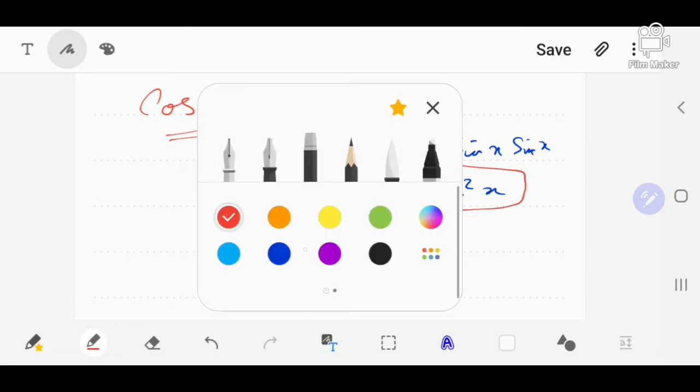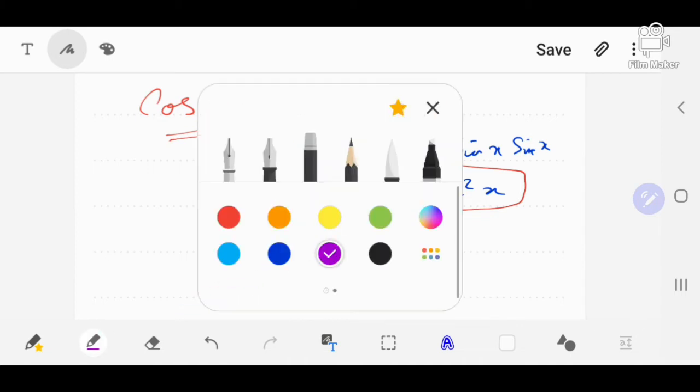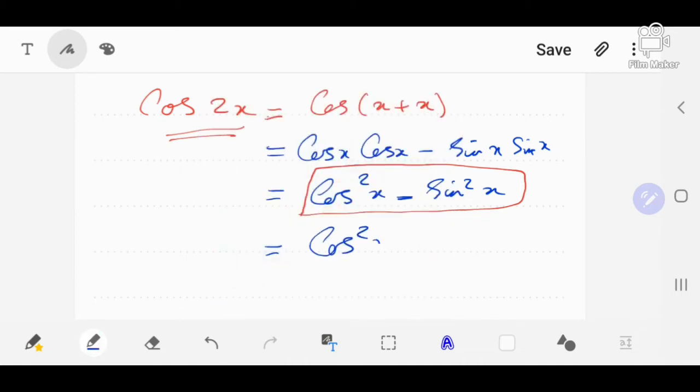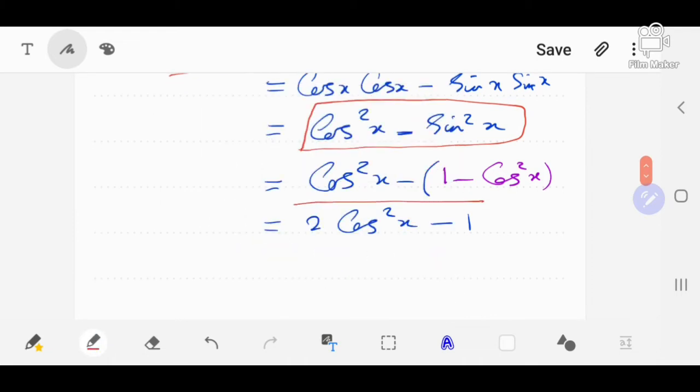And using Pythagorean identities, we know that sine squared can be written as 1 minus cosine squared. So I can say I have cosine squared minus 1 minus cosine squared. And if you simplify this, what will you get? Cosine squared minus 1 plus cosine squared. So actually we have 2 cosine squared x minus 1, and that will be a second form of cosine double the angle.